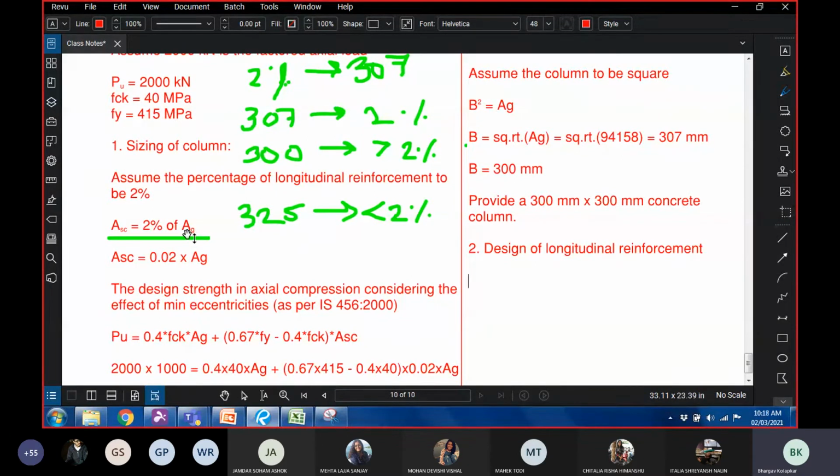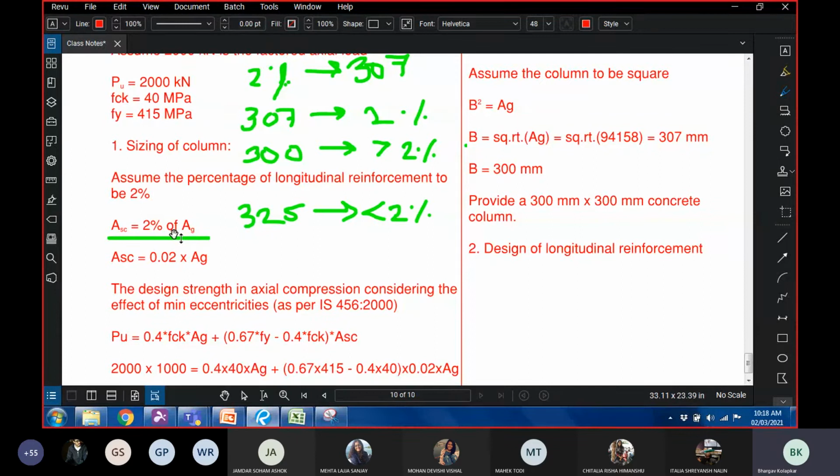And then I calculated the size that would be required for 2% reinforcement. In other words, I calculated area of steel and area of concrete such that I can resist the load of 2000 kilonewton. I started with an assumption of 2% area of steel, and then calculated the corresponding area of concrete.